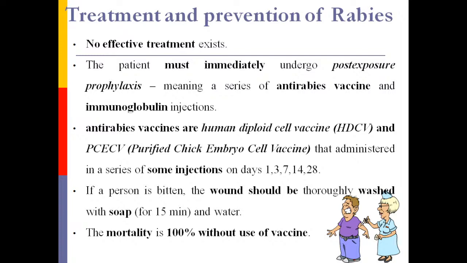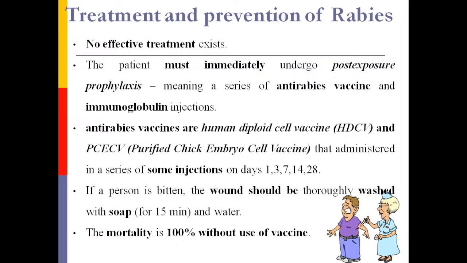These vaccines are administered in a series of injections: on the first day, meaning right after the animal bite, then on the third day, the 7th, the 14th, and the 28th day.